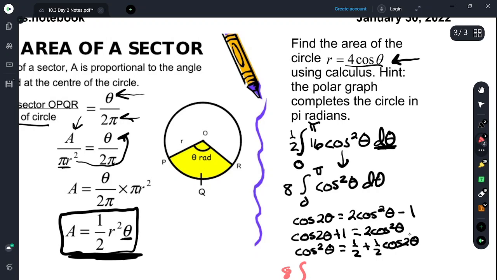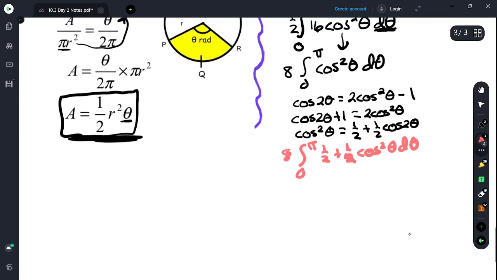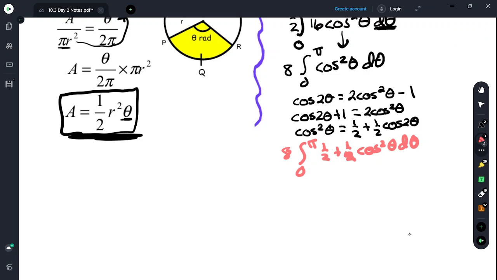So 8 integral from 0 to pi of 1/2 plus 1/2 cosine of 2 theta d theta. Well, we can factor out a 1/2 and make this 4 integral from 0 to pi of 1 plus cosine of 2 theta d theta.